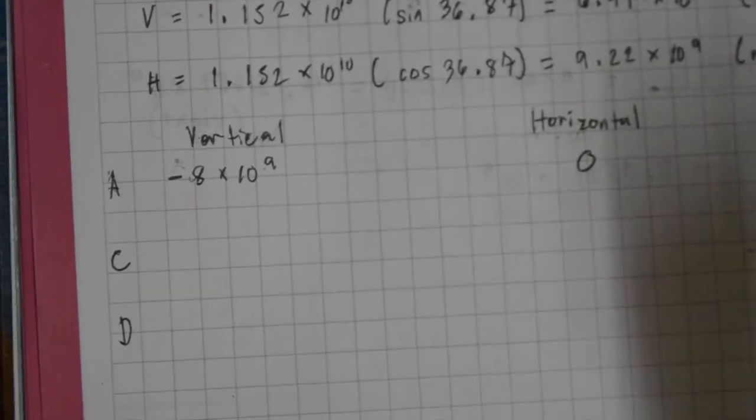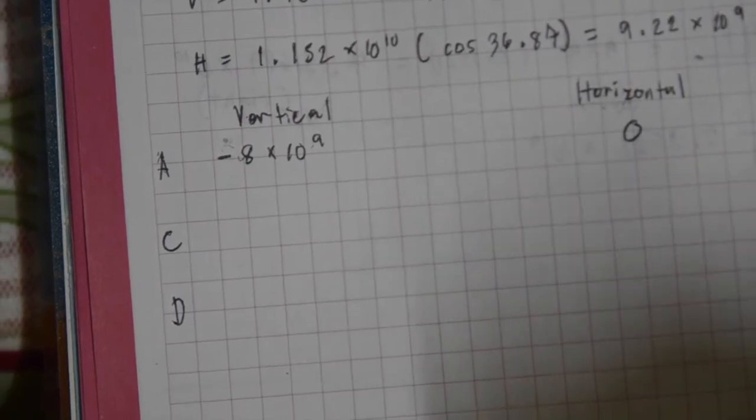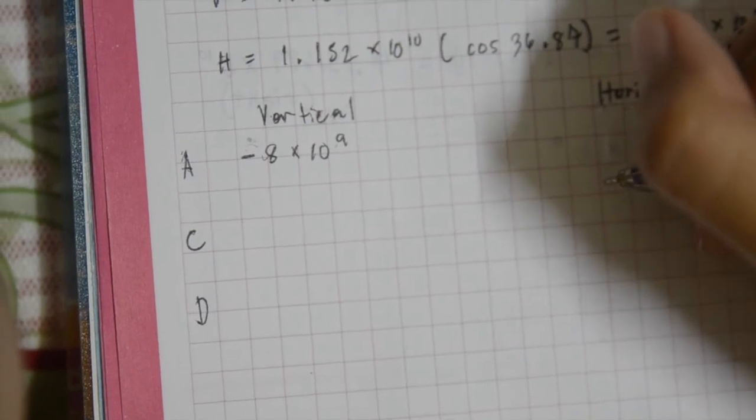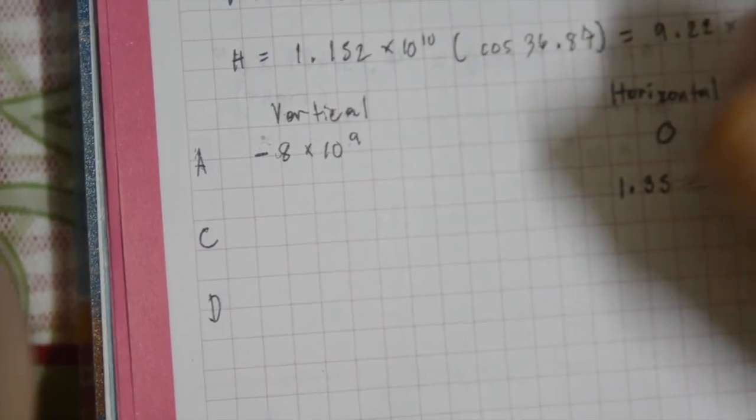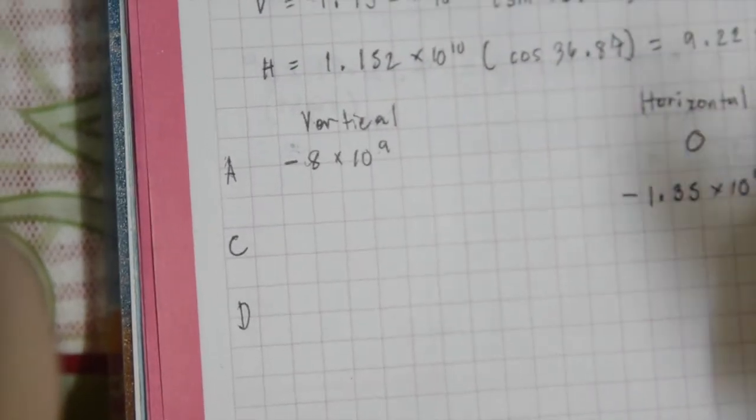So for C, we have 1.35 times 10 to the 10th left, right? So that is horizontal. So place that here, 1.35 times 10 to the 10th left, so negative.